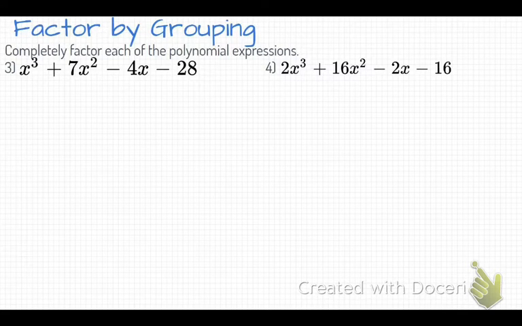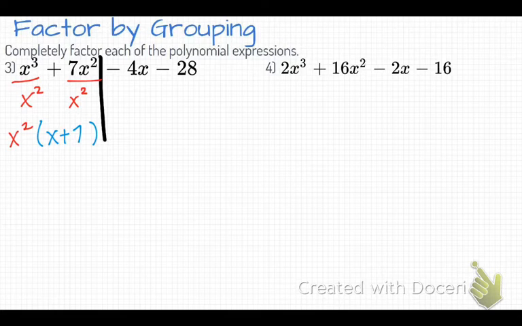Okay. So once I draw the line down the middle, what is the GCF of my left-hand side? Do we all agree it's x squared? Yeah. Am I moving too fast or is this okay? Okay. So what is left over when I factor out an x squared? X plus 7?